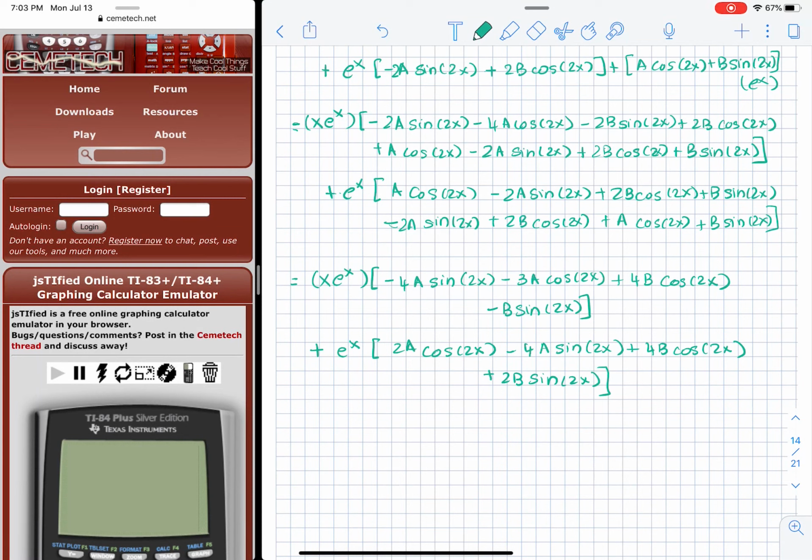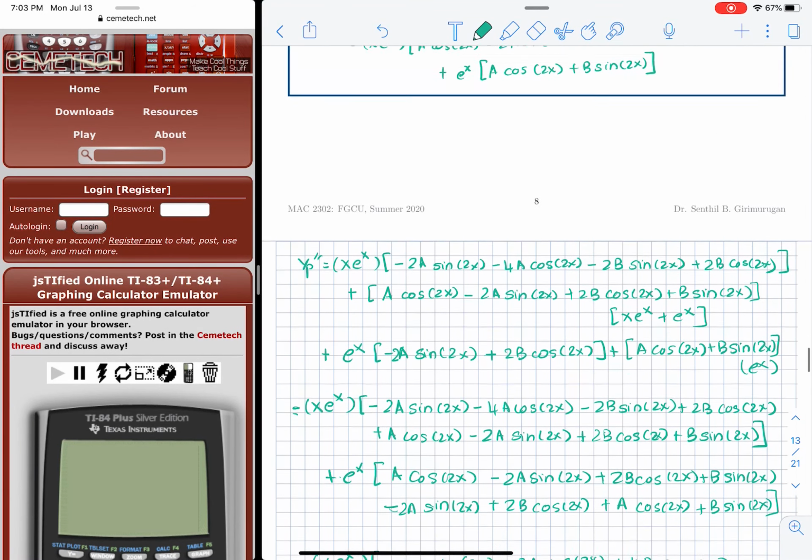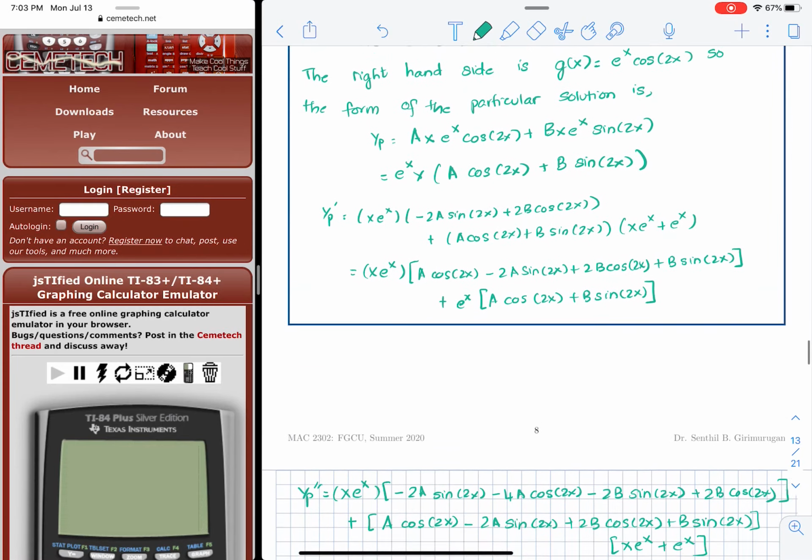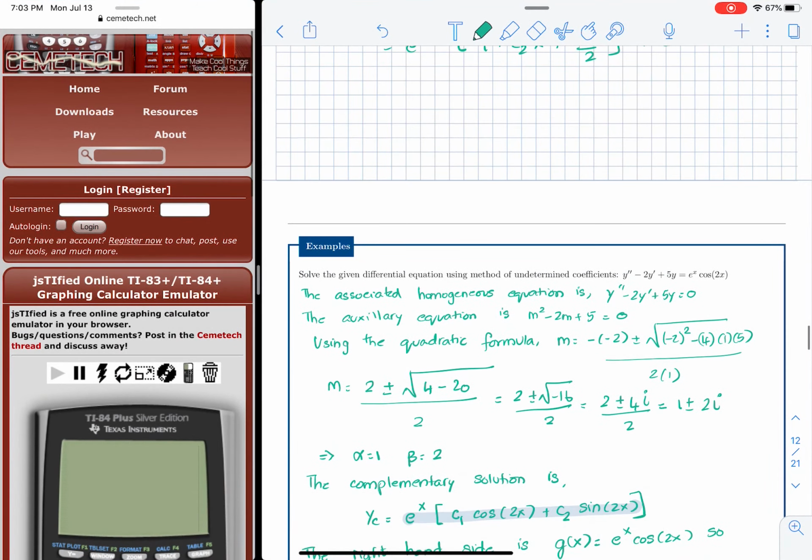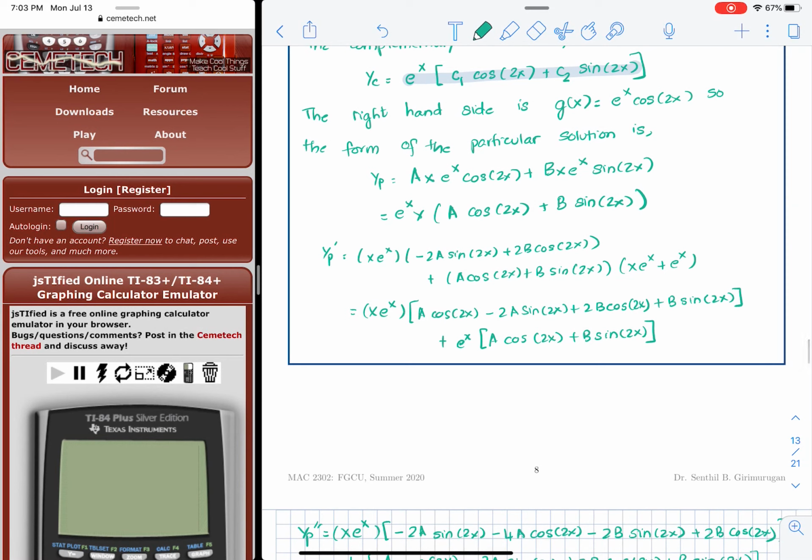That'll be the second derivative, and we have to plug that in and simplify, and the x e raised x terms would all equate to 0. Now what we want is the cosine 2x terms.